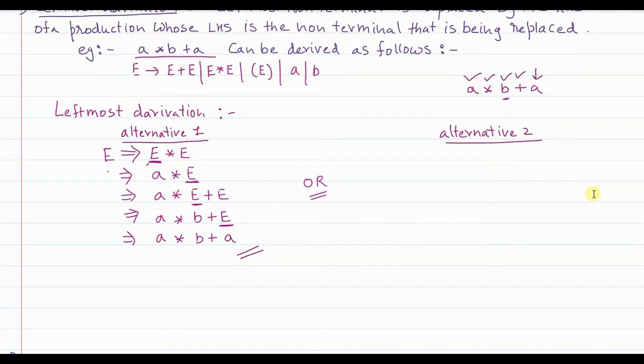As usual, I start with E. But this time what will I do? Now see here, the string which is given to me is A into B plus A, no? The string that is given to me is A into B plus A. So I will again go leftmost only, I will try to get this.